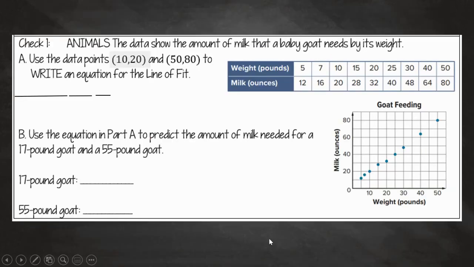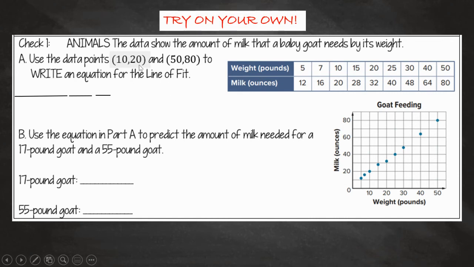All right. Now I want you to go ahead and try the check. The check, you were given the points 10 and 20 and 50 and 8. And I went ahead and drew that trend line for you. And I'm going to get you started and just highlight those points. And then I want you to complete it and write your equation on your own.